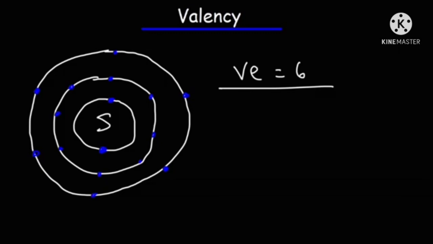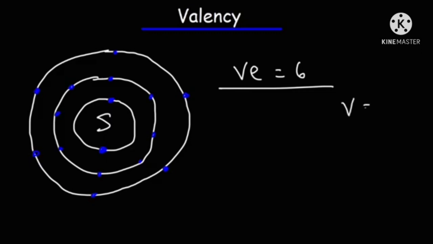Some elements will lose the electrons to get stabilized. So those elements are having variable valency.